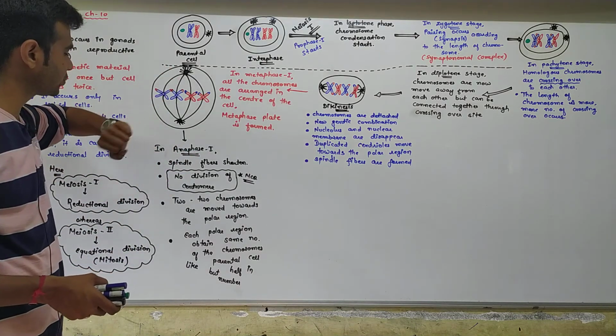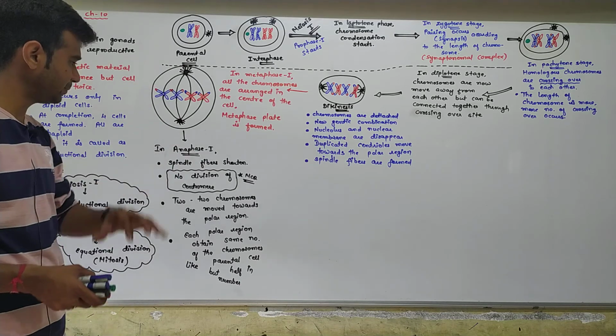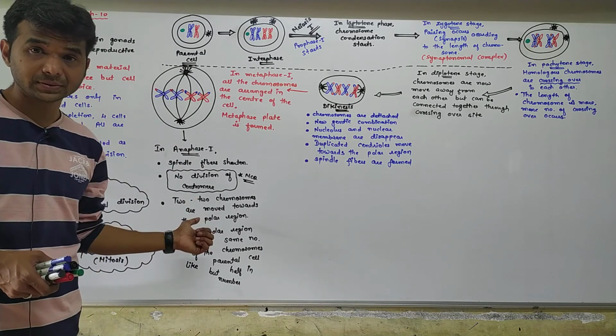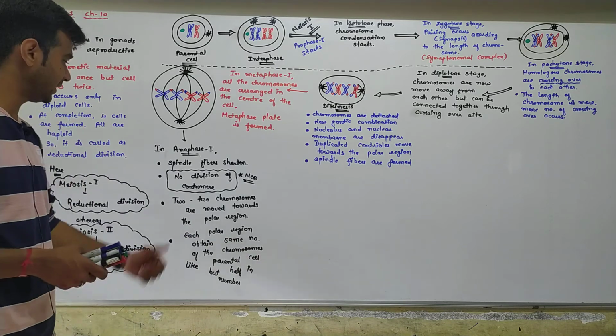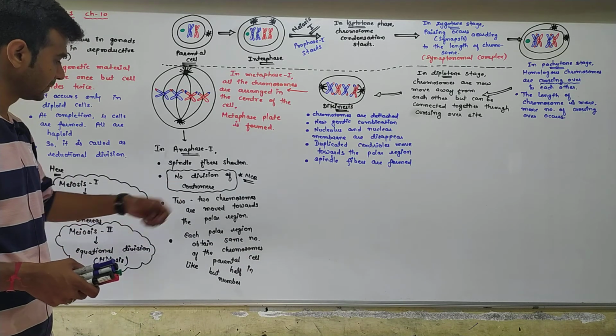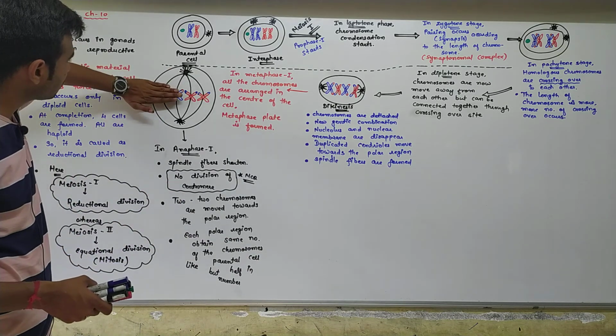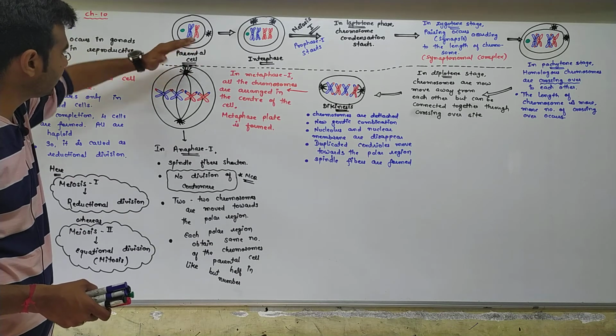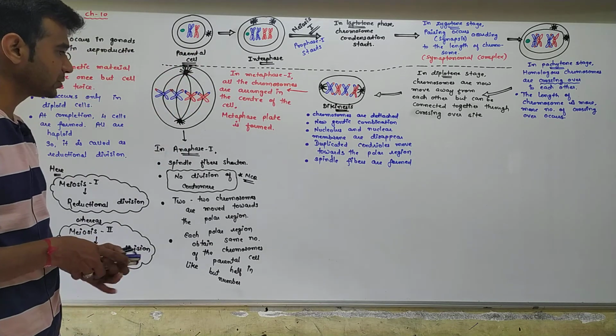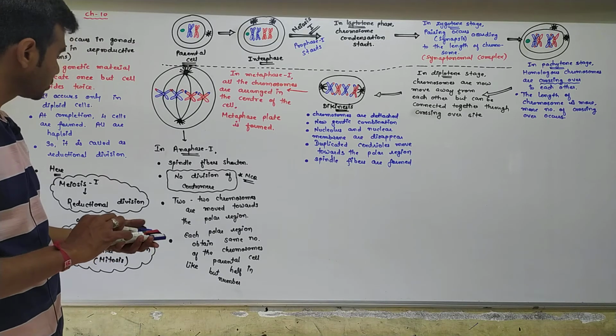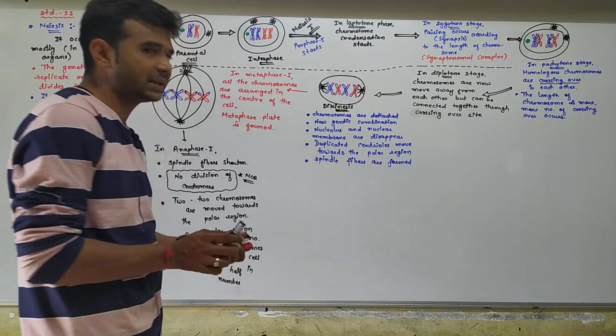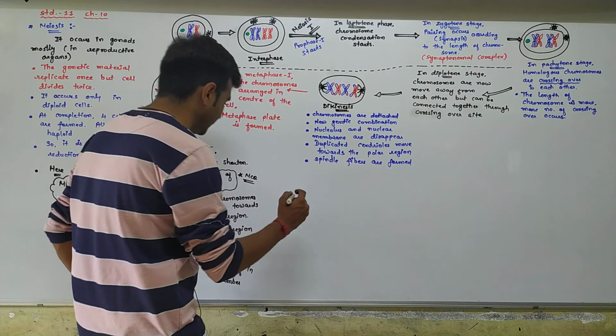Spindle fibers become short. But the most important event is this. No division of centromere here. As a result, blue chromosomes move towards this polar region and red chromosomes move towards this polar region. So I can draw that type of diagram here. Fine.